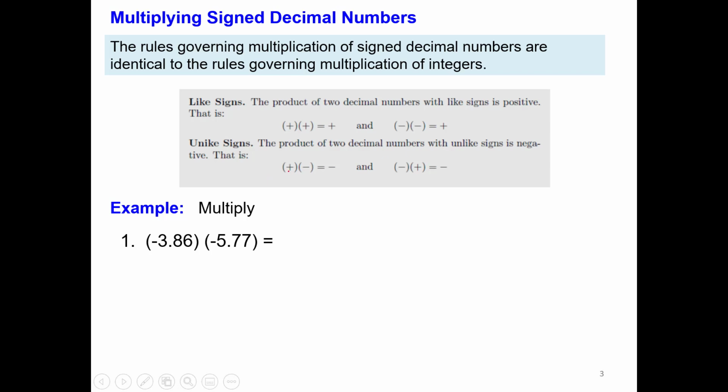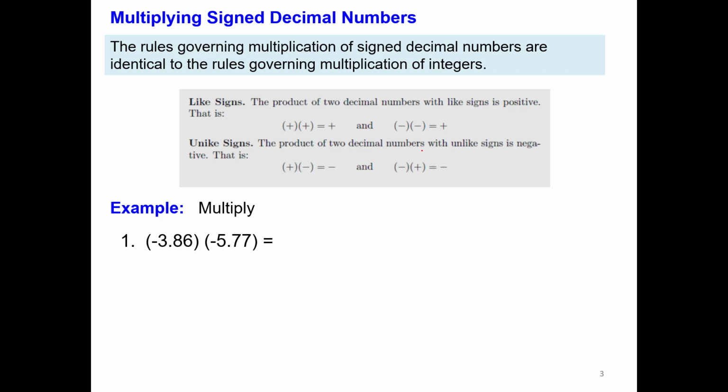If we multiply a positive decimal number times a negative decimal number, the product is negative, and if we multiply a negative decimal number times a positive decimal number, the answer is always negative. Like signs always give positive, and unlike signs always give negative.